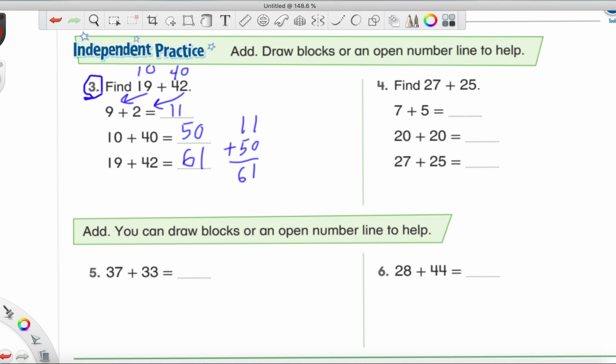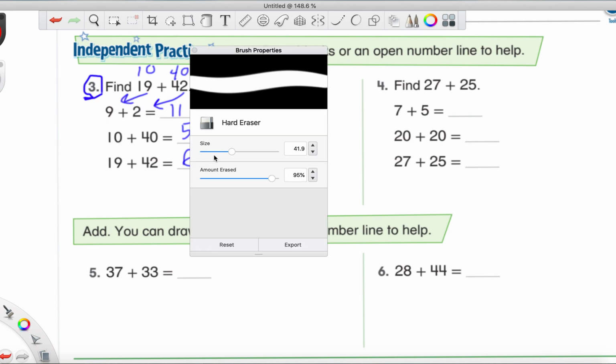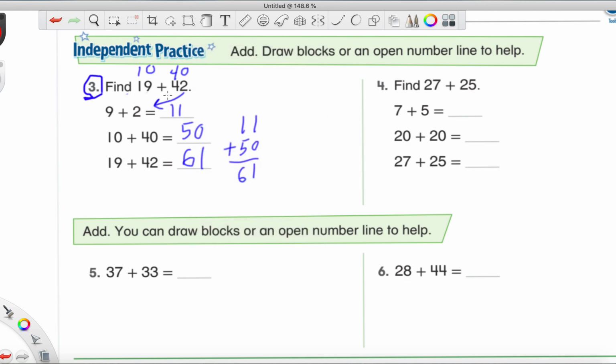So let me clean this up just a little bit. Okay, so if we were to use a drawing instead, first we took all the tens. So 1 ten here, so draw 1 stick.